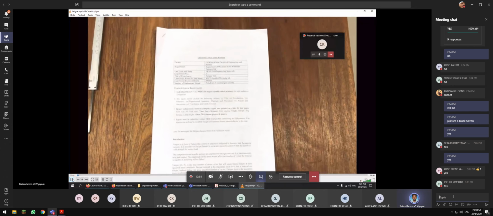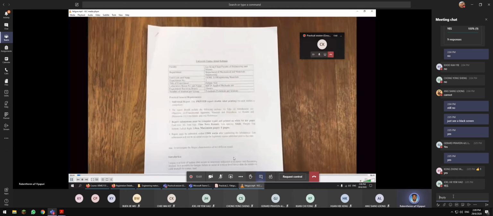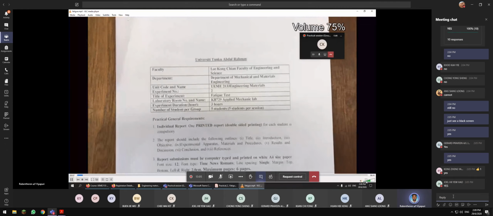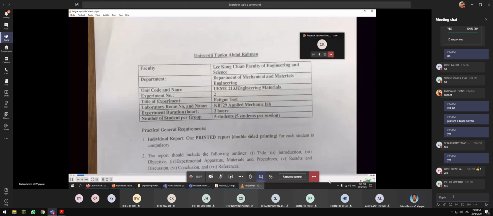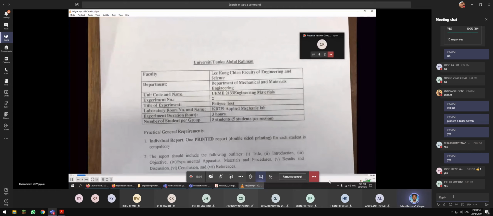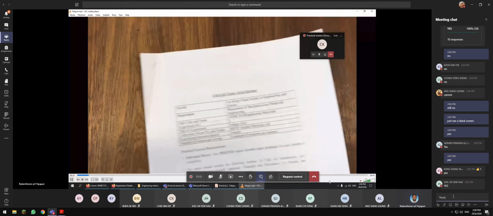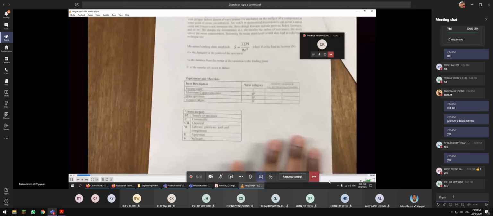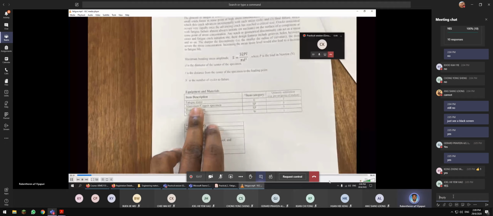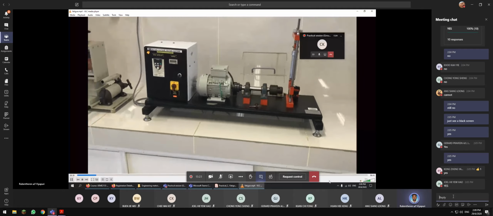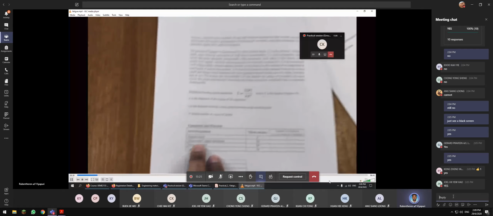So this is a fatigue test, and this is the test setup.